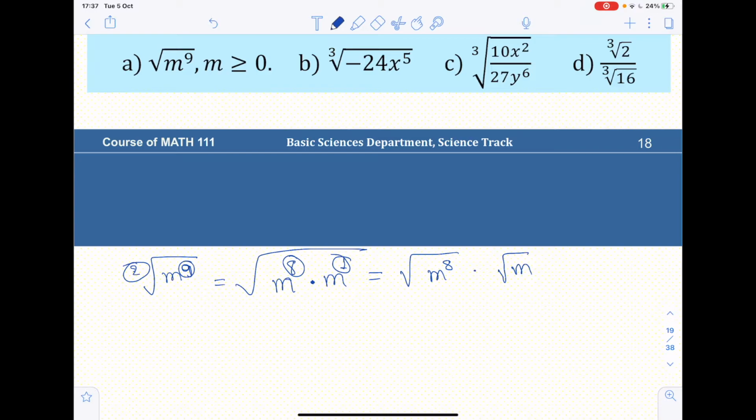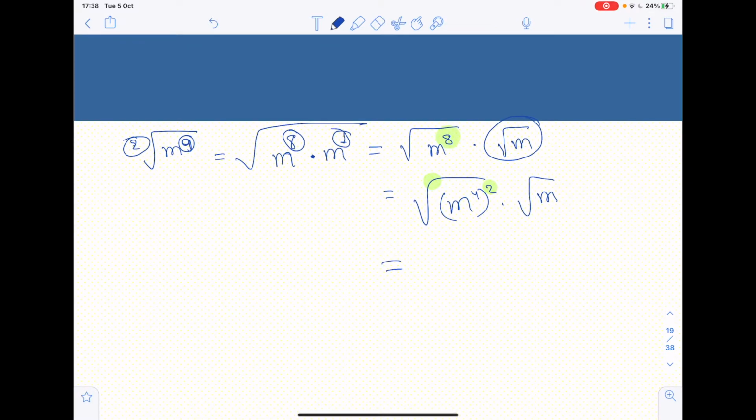Now again 8 is 2 times 4, so I would write this as the square root of m to the power 4, all to the power 2. So I can now cancel this power with this root. Of course, I write the square root of m again here. So I'm left with m to the power 4 times root m.